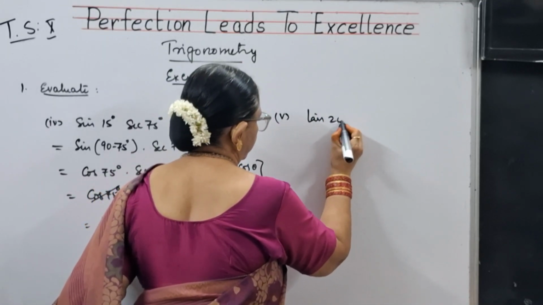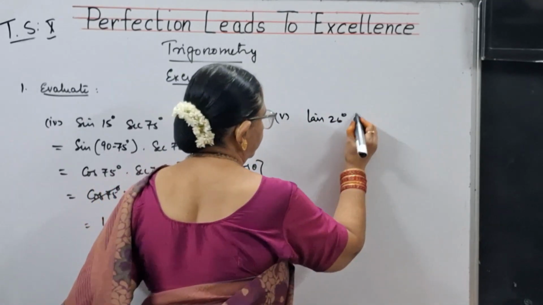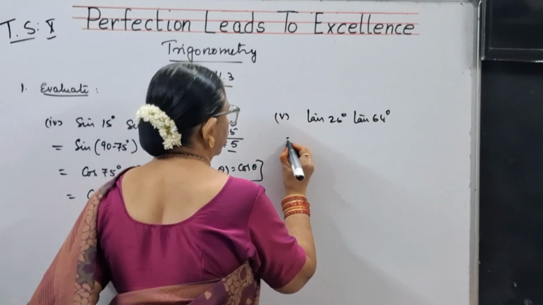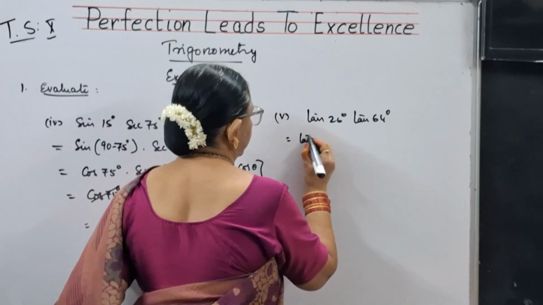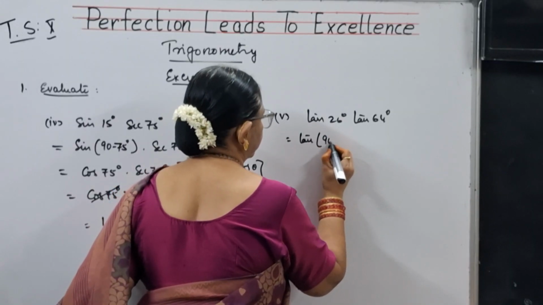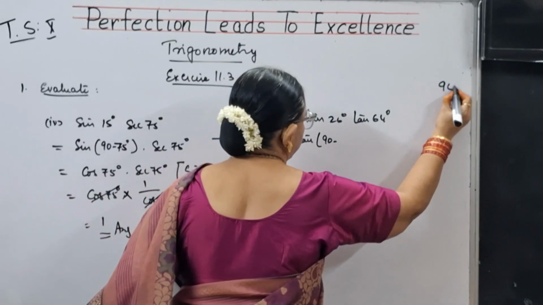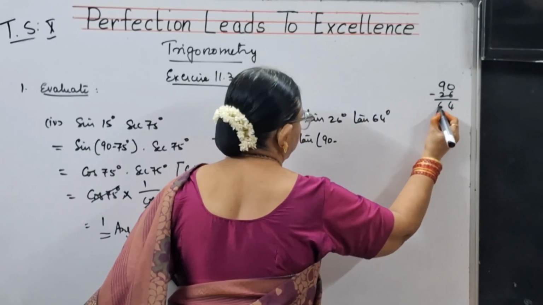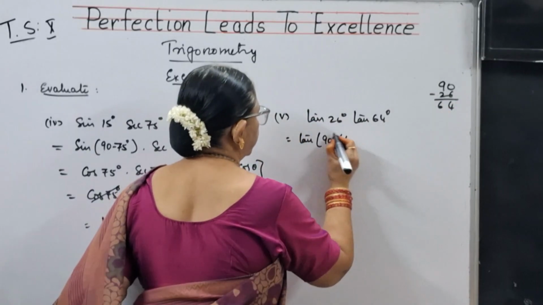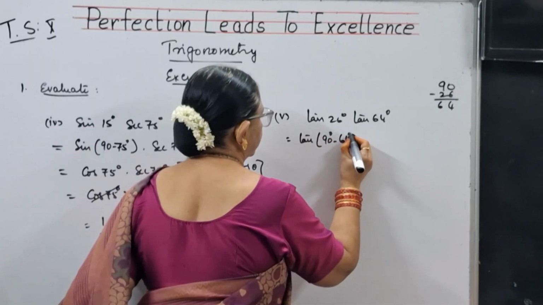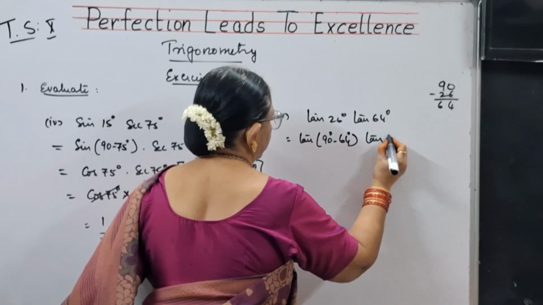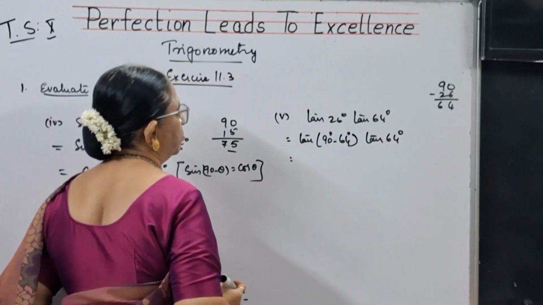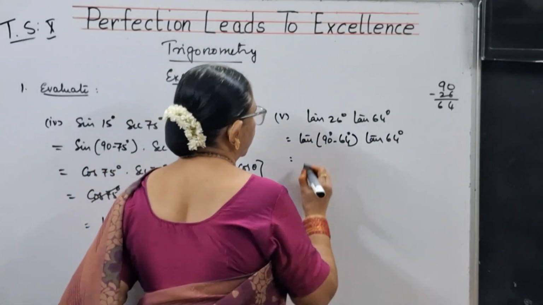Tan 26 degrees into tan 64 degrees. So we will be writing tan 26 degrees as tan 90 minus, from 90 if you subtract 26, you are getting 6 here and 4 here. Tan 90 degrees minus 64 degrees into tan 64 degrees. So tan 90 minus theta is cot theta.